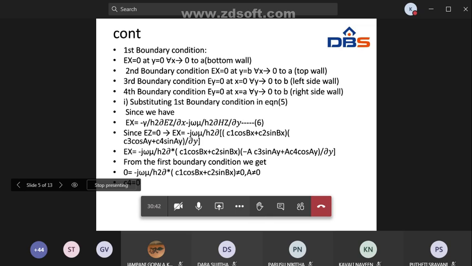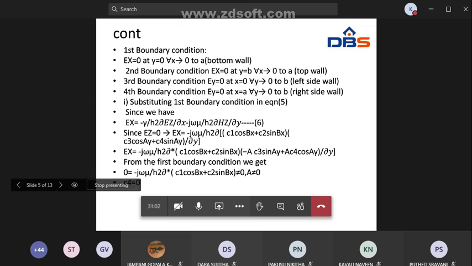So here substitute the Hz equation in equation 6. Hz equal to this one, C1 cos Bx plus C2 sin Bx, and C3 cos Ay plus C4 sin Ay.